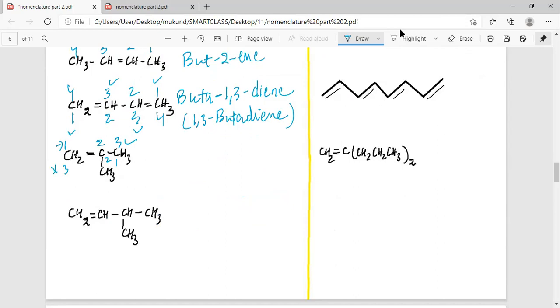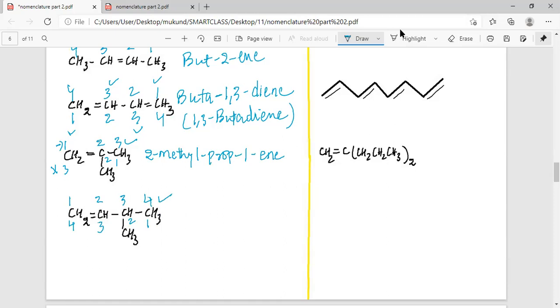So we will give the name 2-methyl prop-1-ene. Same way, my dear students, we will have the next, 1, 2, 3 and 4, and finally we get that the first carbon has the double bond and thus we can have 1, 2, 3, 4.